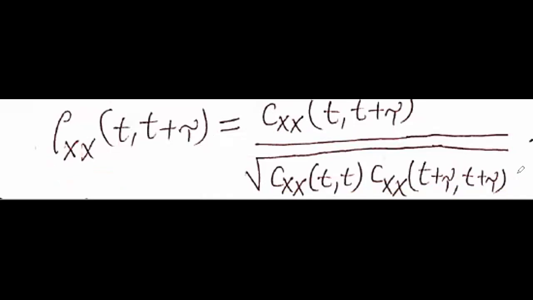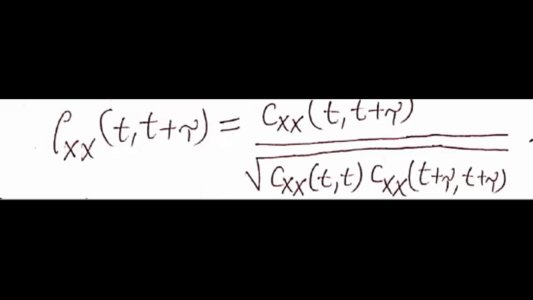If you put tau equal to 0 in this equation, then rho xx of 0 equals Cxx of 0 by Cxx of 0, which gives us the value 1.